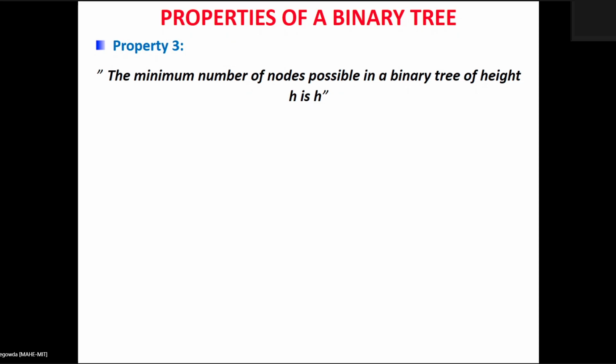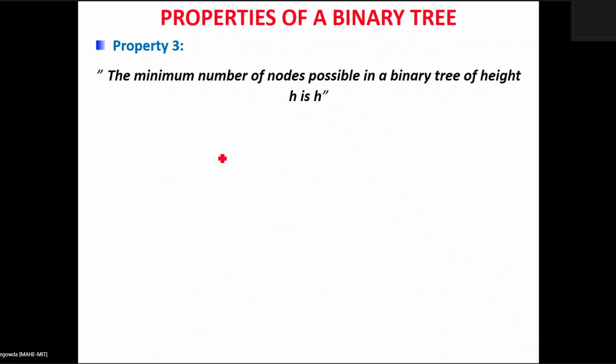We say that a binary tree has the minimum number of nodes only if each level has the minimum number of nodes. How many minimum nodes can we have in each level? The minimum number of nodes possible at every level is only 1, which means every parent has only one child.